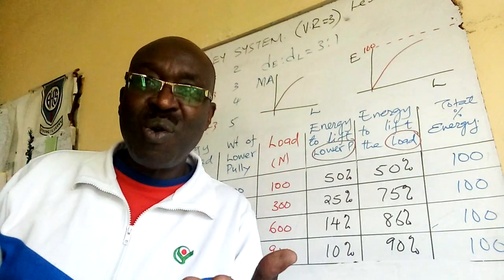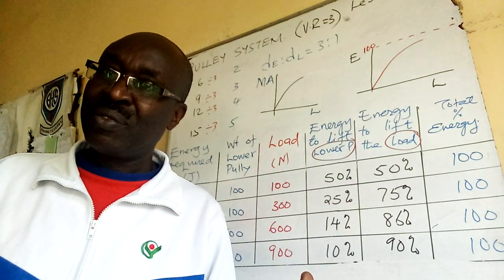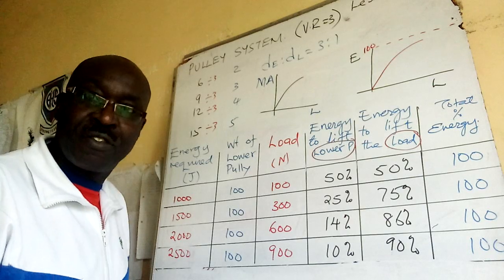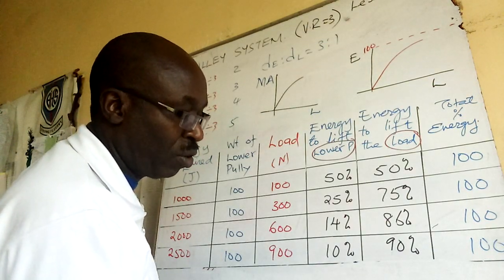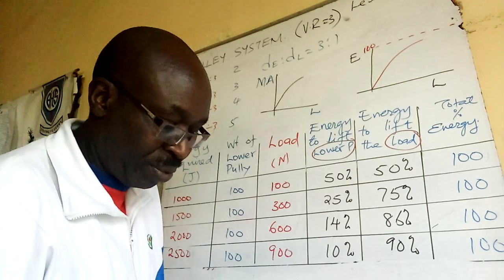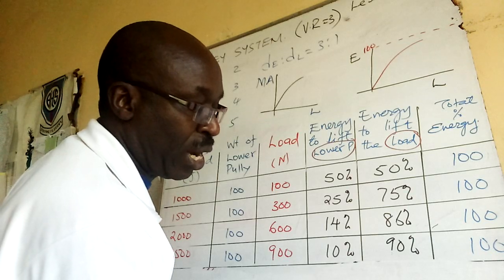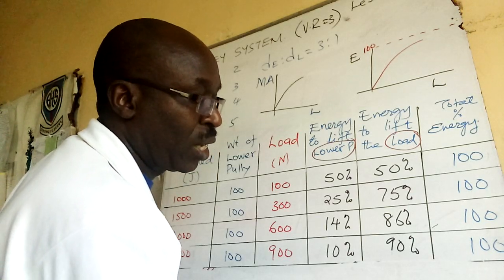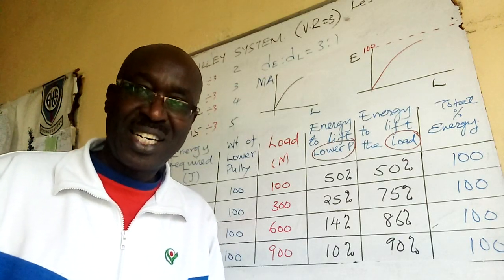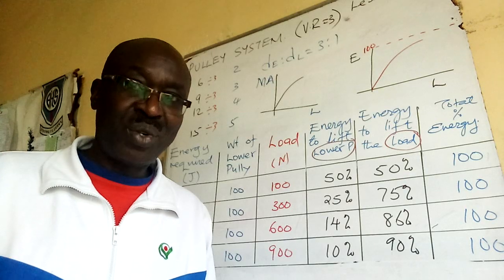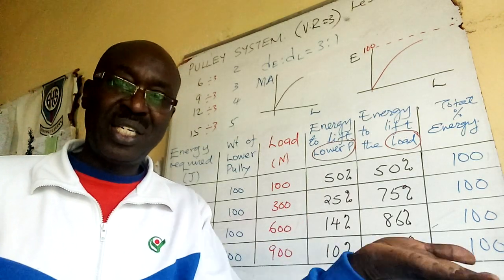So I hope you are getting it. I conclude by saying, if work output is equal to work input, then we would get efficiency 100%. That's the only time, because if this is equal to that, then it is 1. 1 times 100 is 100.